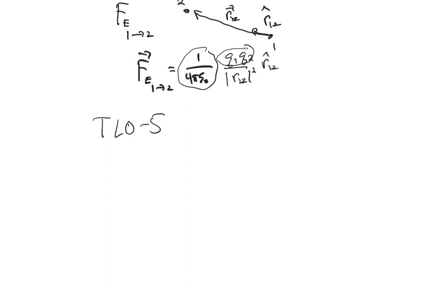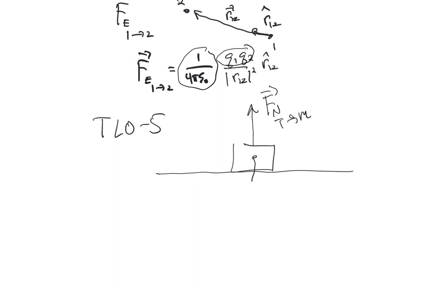Anytime a normal force. So if I've got a mass sitting on a table, there's a force between the table and the mass. That would be Fn, the table acting on the mass. And then, of course, there's the Earth acting on the mass, so you could call that Fg. You could say that the momentum principle demands that the rate of change in momentum is equal to the net force.